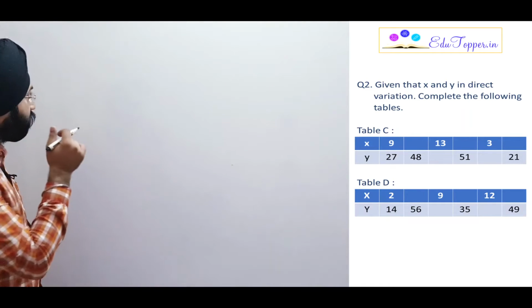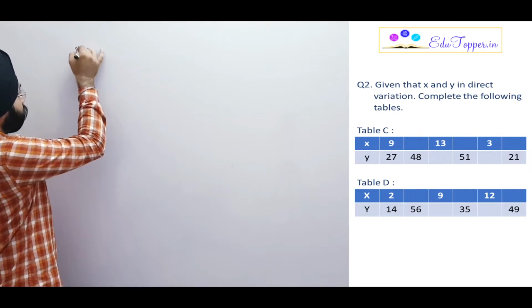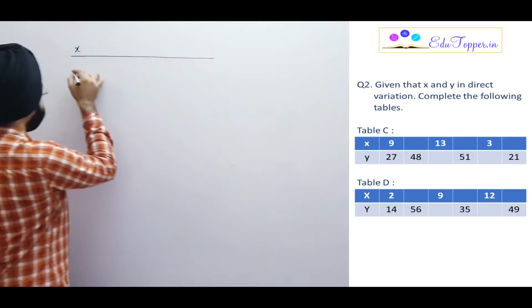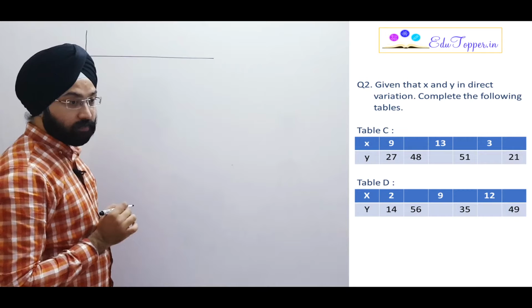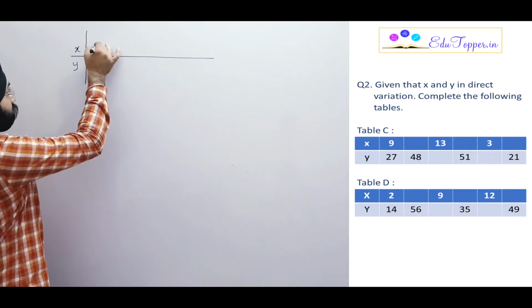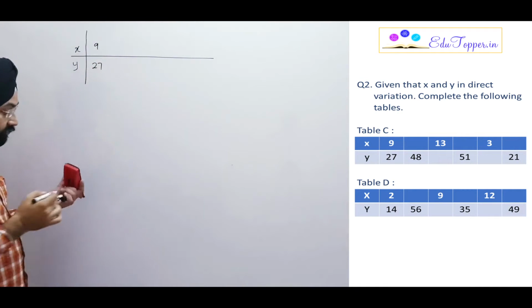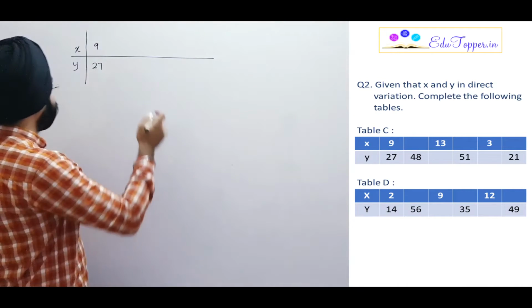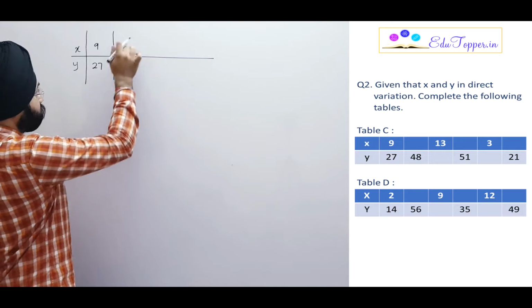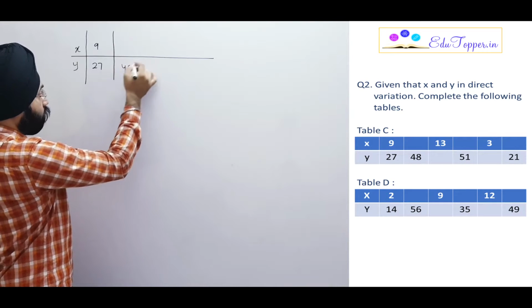Complete the following table. x, y. When x is 9, y is 27. Now x is unknown, y is 48.